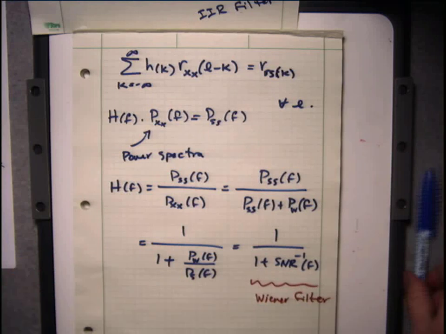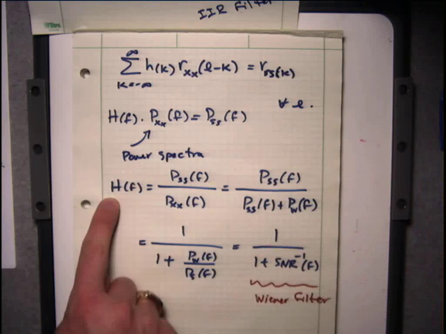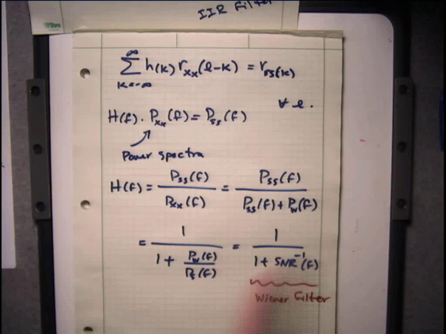What it's telling you is that the impulse response of your filter is going to be sensitive to the signal-to-noise ratio at every spatial frequency in a way that minimizes the mean squared error.